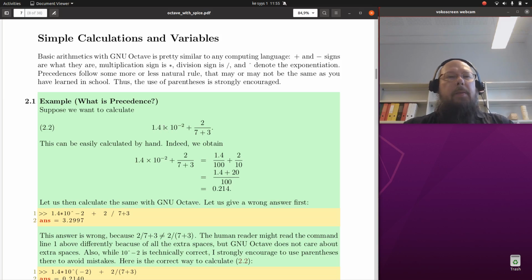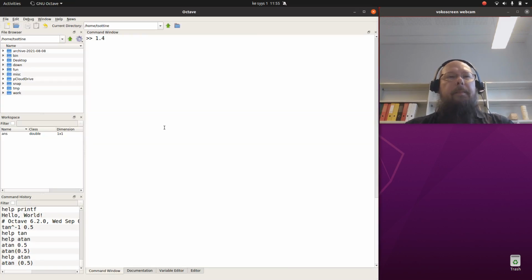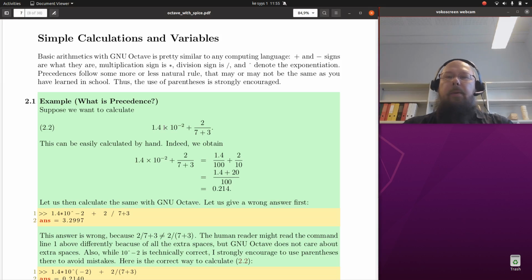In any case, with Octave, that's the star, so let's have a star there, and then we have 10 to the power minus 2.